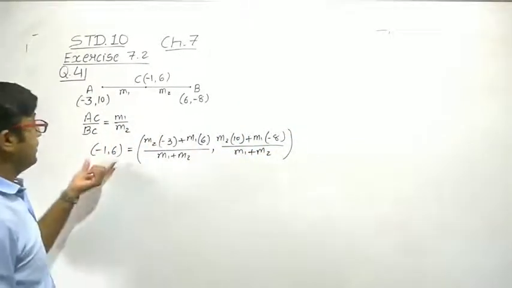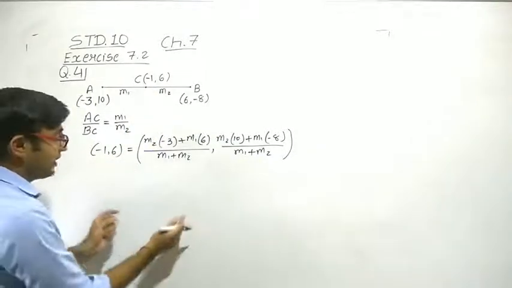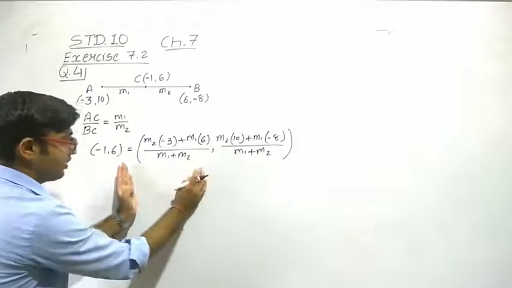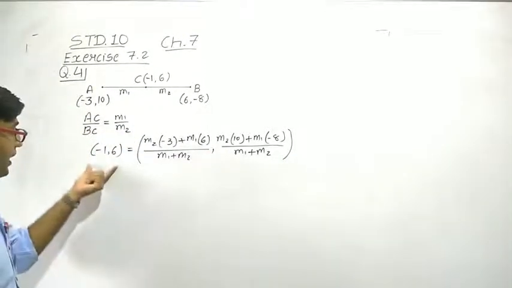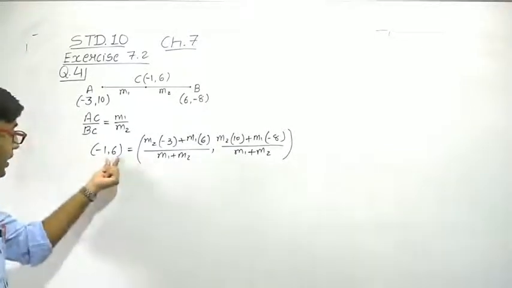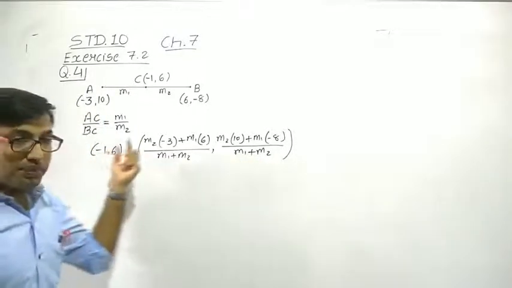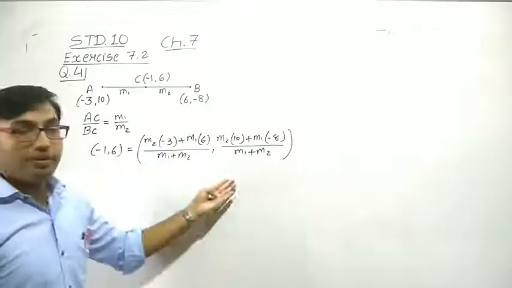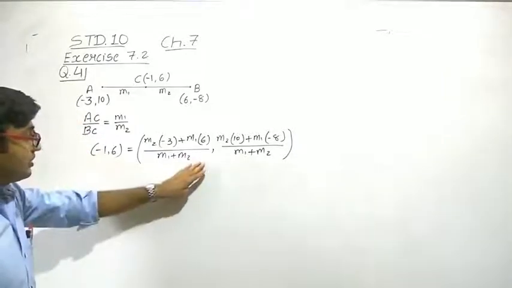So here we get the coordinates of point C, (-1, 6). On the right hand side we have the coordinates, the x coordinate is this one and the y coordinate is this one. Now we can compare the x coordinate with this x coordinate and this y coordinate with this y coordinate. We can compare either the x coordinate or the y coordinate, so let's first compare the x coordinate.